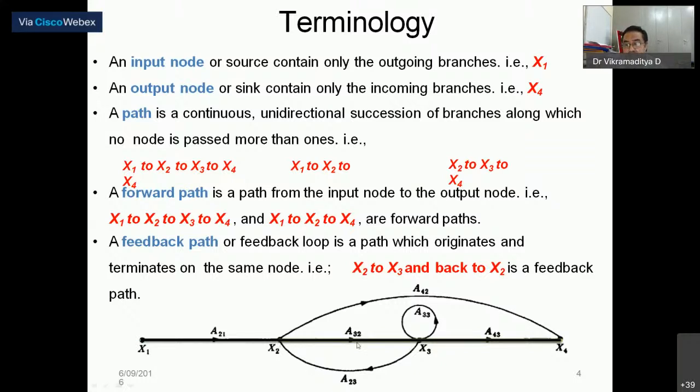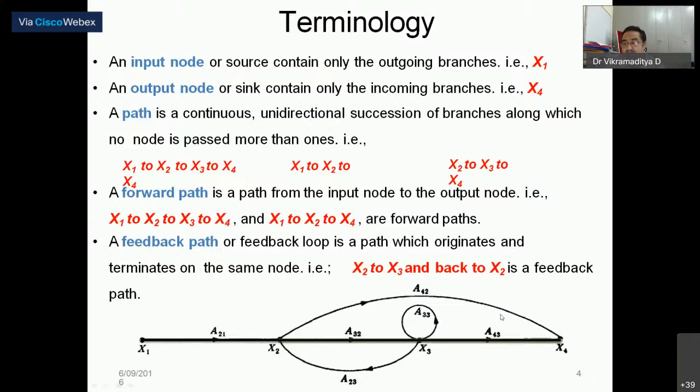So this is a loop, from x2 to x3 and back to x2. Now, can anybody identify another loop, known as a self loop? This was the loop starting from x2, moving to x3 and then back to x2 through a23.